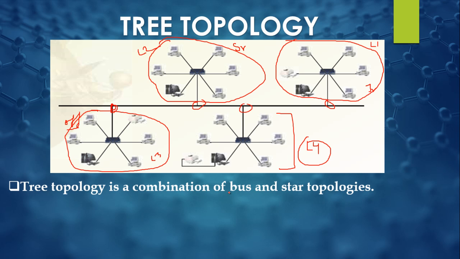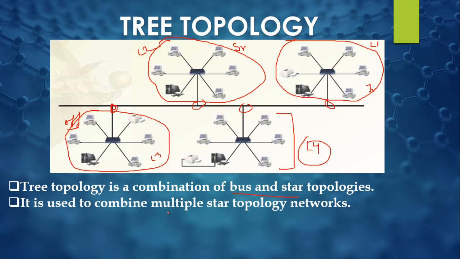Tree topology is a combination of bus and star topology. It is used to combine multiple star topology networks. If there is a huge organization with various different departments, each department has its own star network. Suppose the finance department has its own network, and the purchase department has its own network. Now the company wants to connect all the departments with each other. What step will the company take?